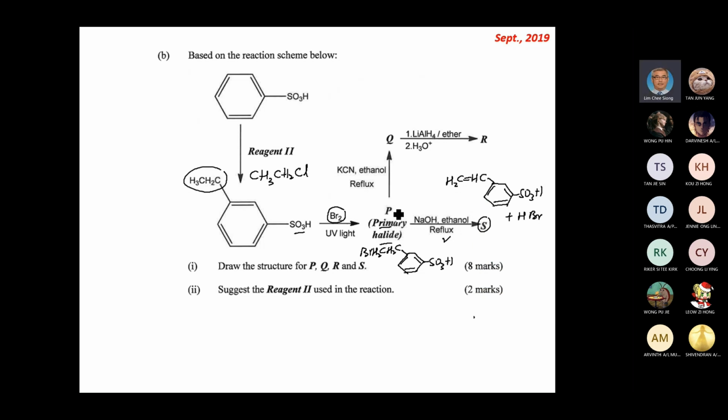Okay, done already for P. This S. This is reagent number 2. Any more? Q. Q is cyanide, ethanol, and reflux. So we know that this is under SN2. SN2, SN2, the compound can be obtained like this. Okay, finally, reduction. The final compound can be obtained like here.